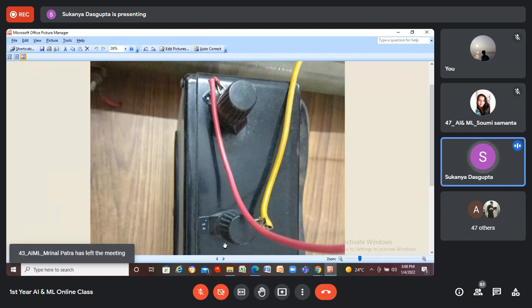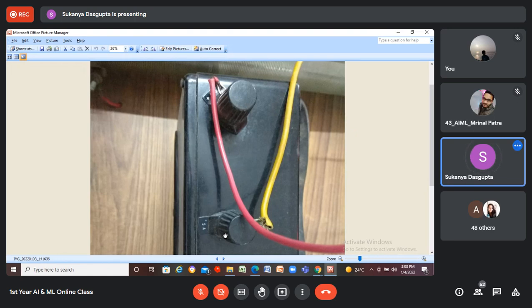One is 2.5, another one is 5 ampere. So we have connected this instrument for 5 ampere because maximum 3 or 3.5 ampere current can be measured by using this setup.